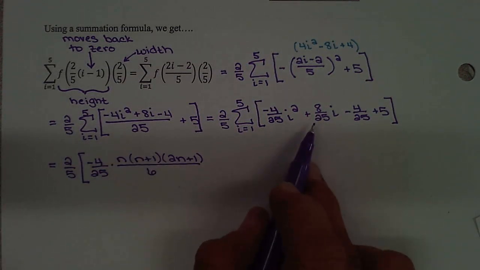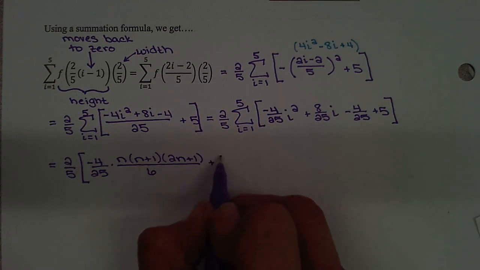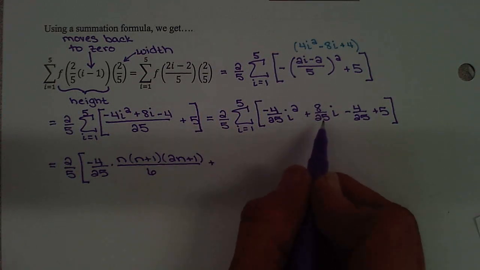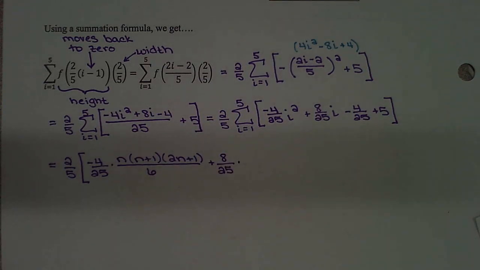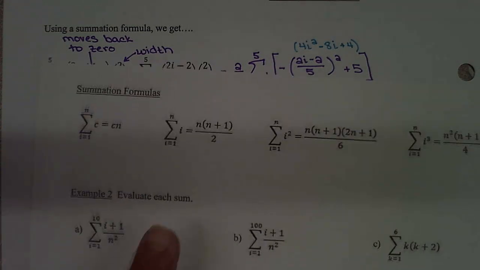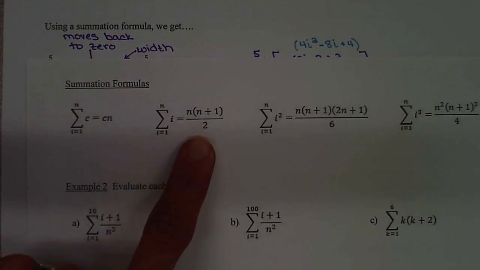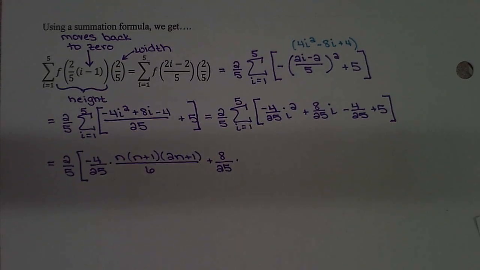Then I have this plus 8/25. I said that wrong, sorry. 8/25 times i, and if we go back to the formulas, i is n times n plus 1 over 2.